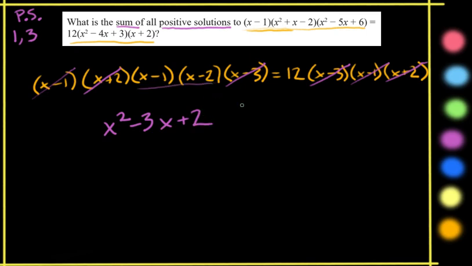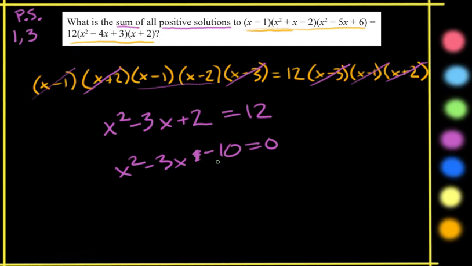That's the product of these two, and that's equal to 12. I want to have a quadratic form, so I'm going to subtract 12. That gives me x squared minus 3x minus 10 equals 0.